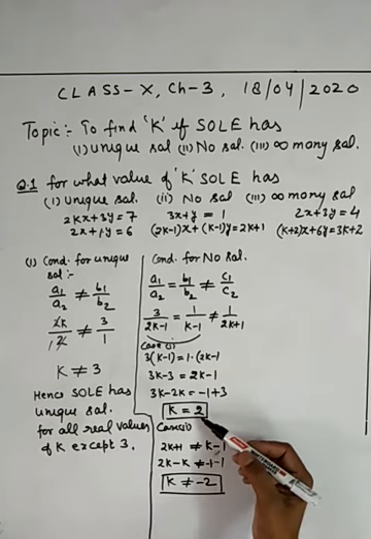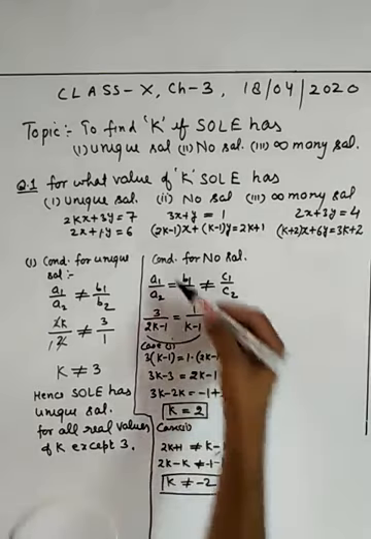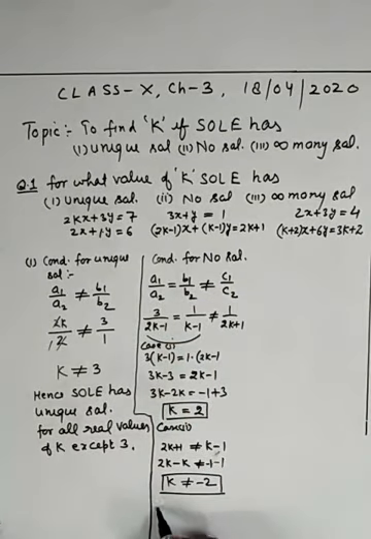So we get the value of k equal to 2, for which the condition is no solution. At last we write, hence k equal to 2, for which the system of linear equations has no solution.